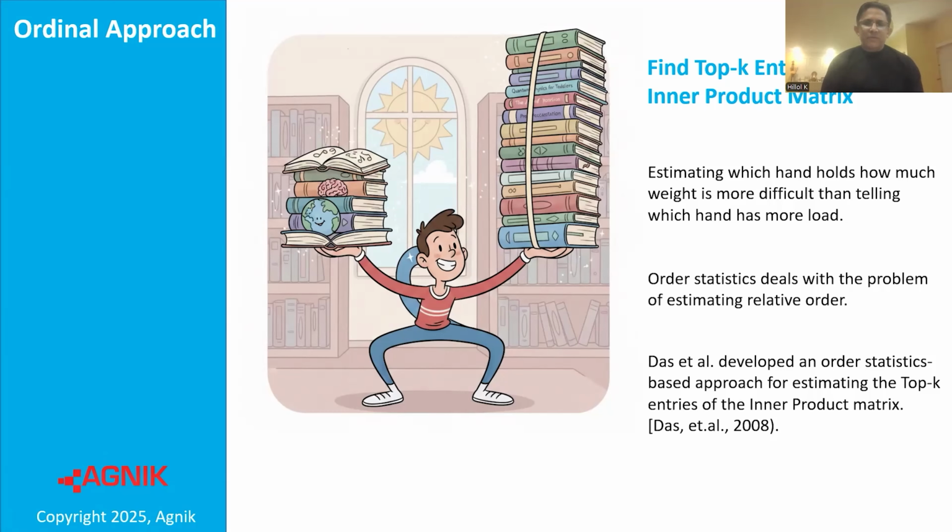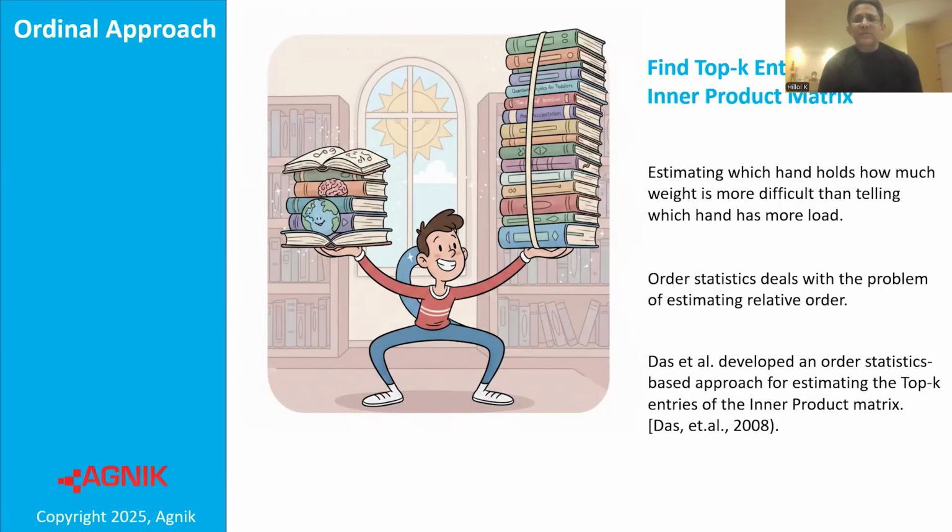So consider the following problem. Let's say I make you stand with your two hands apart, and I give you a set of books in each of these hands. They're not necessarily the same number of books.